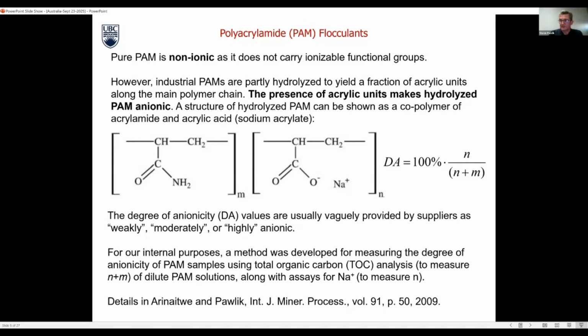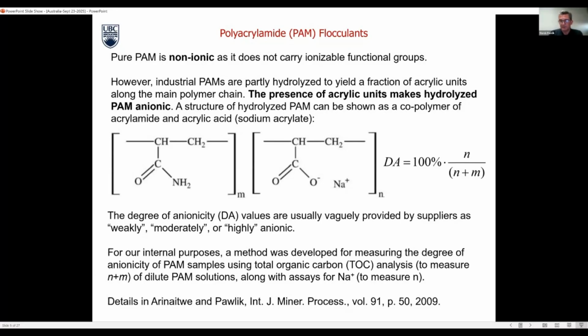So it's a simple definition based on this type of diagram. We need to know the number of units of one type and the total number of units, and we can define the degree of anionicity or degree of substitution. These are synonymous. They are used interchangeably, and I will probably use them on different occasions in different ways. It's easy to define, but it's not so easy to measure.